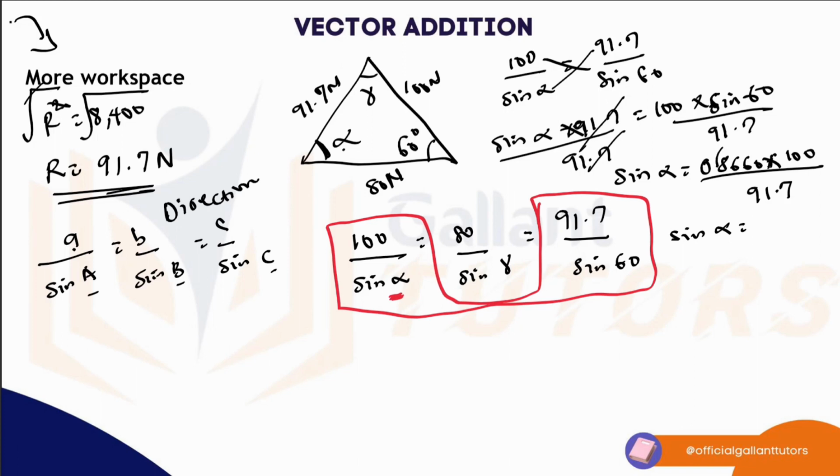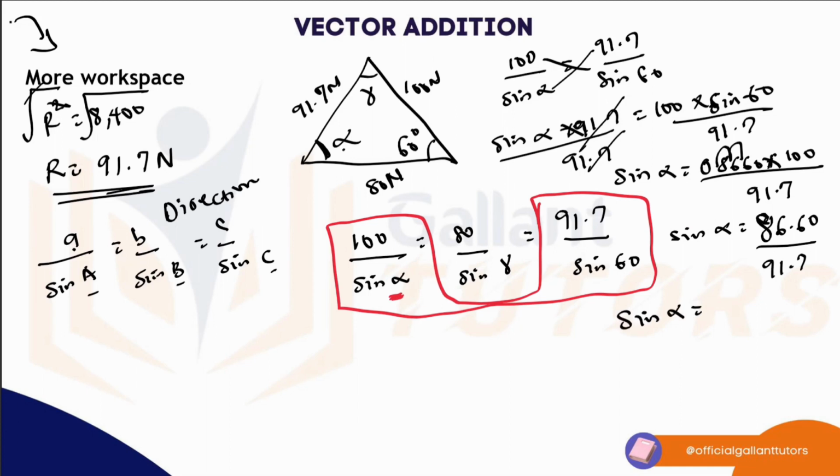0.8660 times 100 will give you 86.60, divided by 91.7. Is that clear?